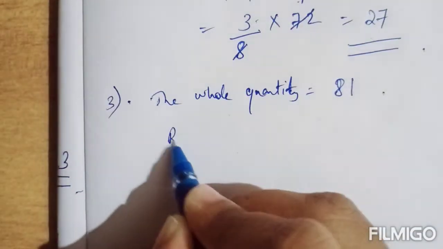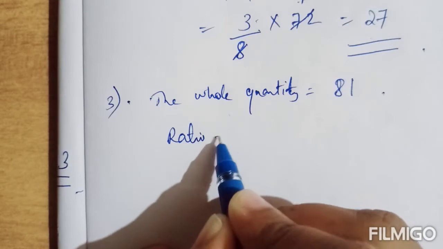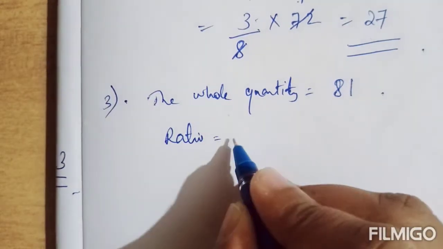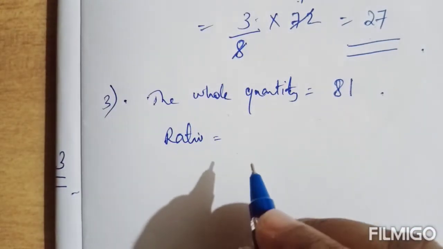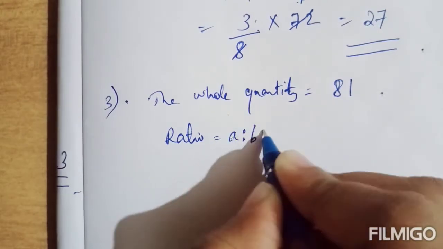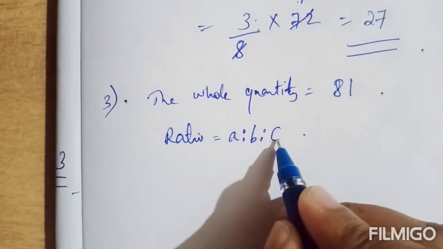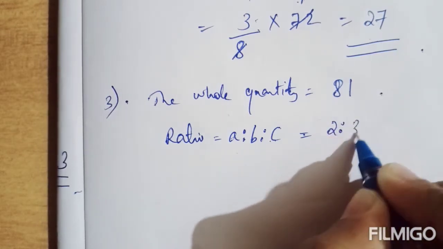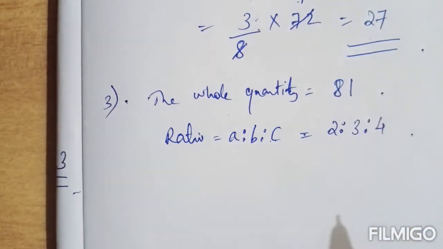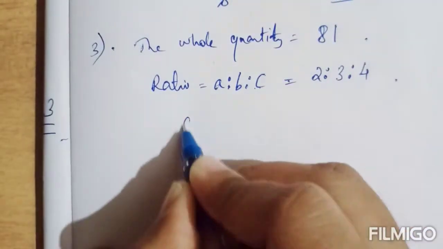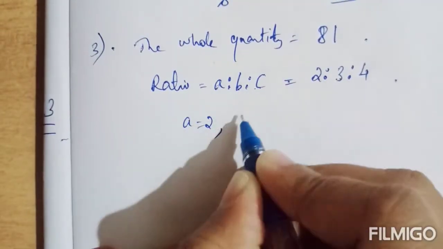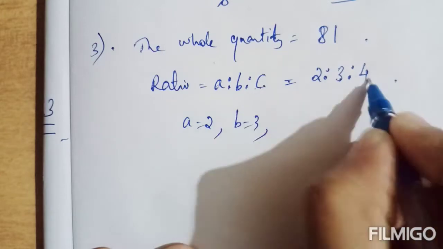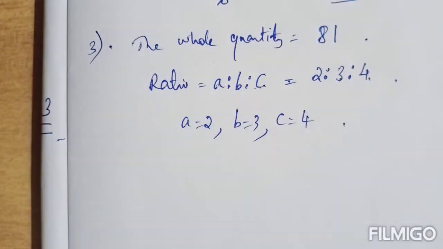Ratio to be divided, here 3 terms are given, so we can write A is to B is to C. One more term we can take. It is given here 2 is to 3 is to 4. Okay, A value will be 2, B value is 3 and C value is 4.